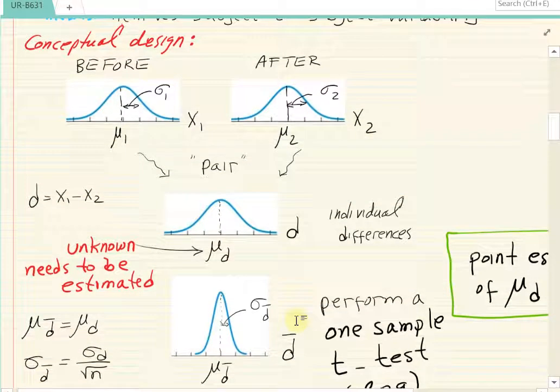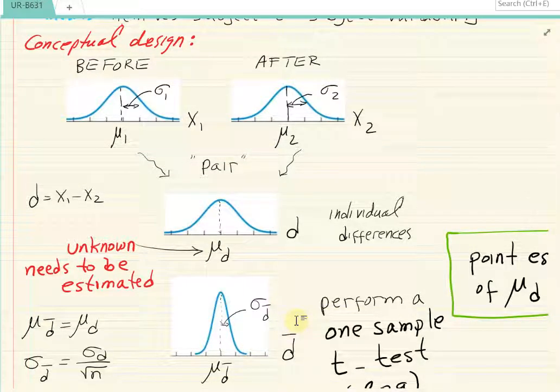And then, according to the central limit theorem, we're going to take, hypothetically, repeated samples from that population of differences, and we're going to have the sampling distribution of d bar. In other words, we're going to look at the average difference when we compare the two averages in the population.